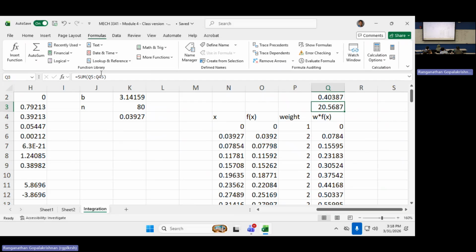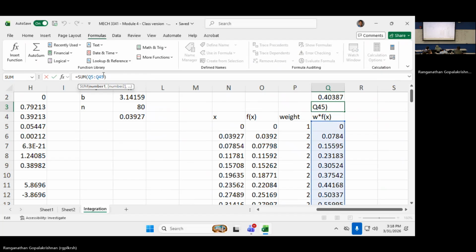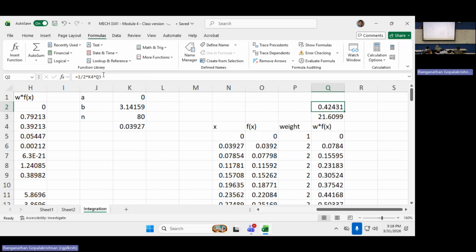So for 80, I'm getting 0.4243. 0.4243. So this is 4 units. This is 0.0004 change. So now we are within 0.1% already, because the change is happening only in the third decimal point.